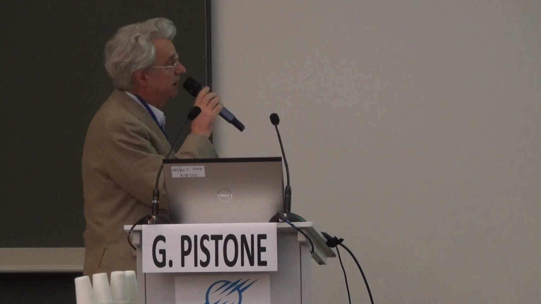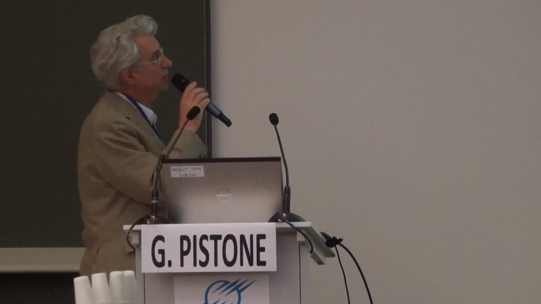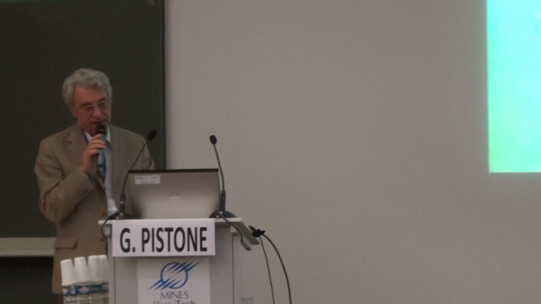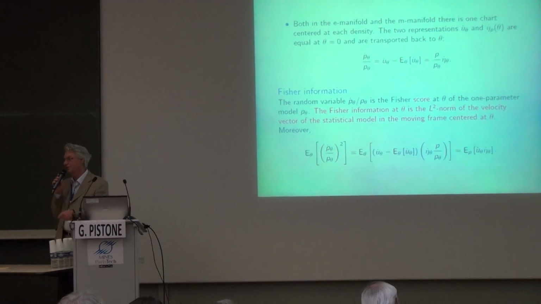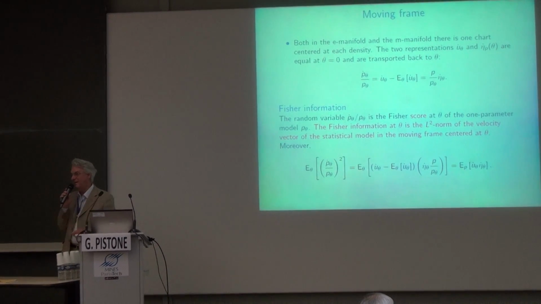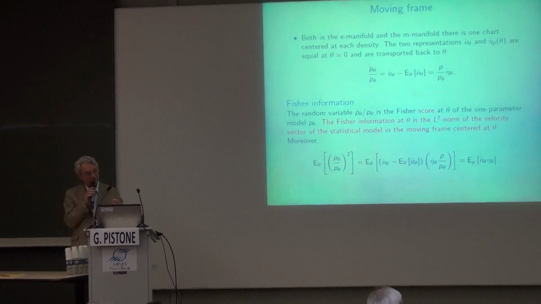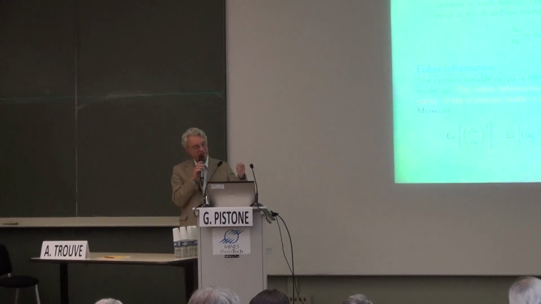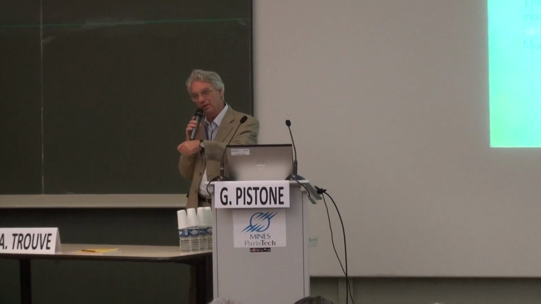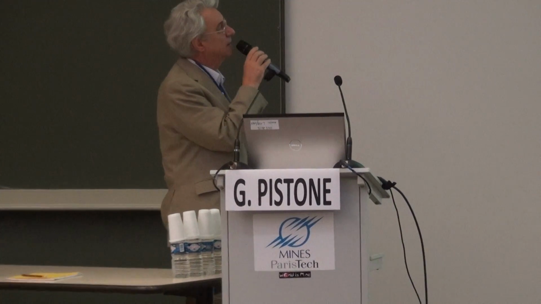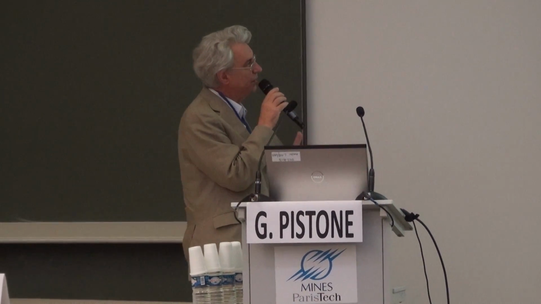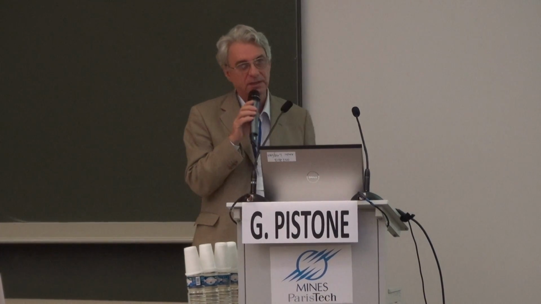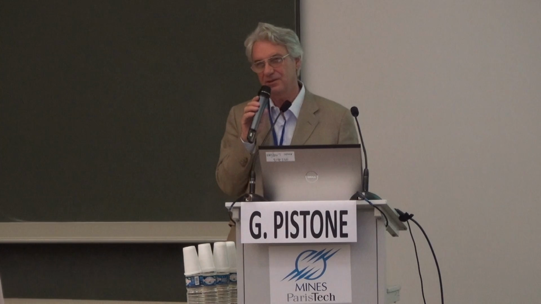So the point is that the two transformations, if I take a reference at the point where I am, a moving frame, I represent the derivative in the moving frame following the curve. The representation of the velocity is exactly the Fisher score.